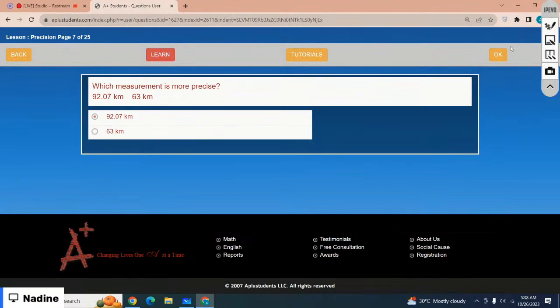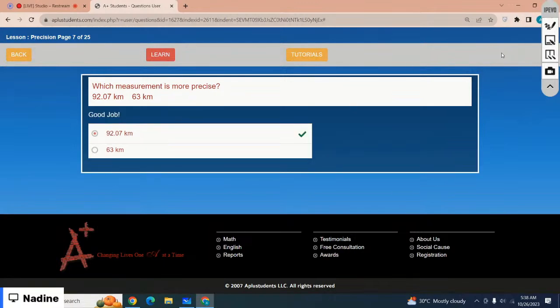Because that is measured to the hundredth of the kilometer.